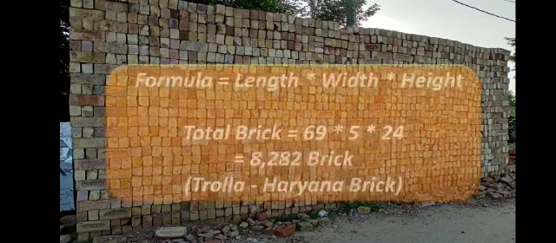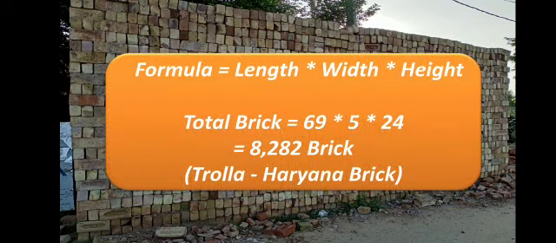Now, what to do after this? It's the simple formula of length multiplied by width and multiplied with height. So, what was the length we calculated? 69 nos. Then the width, which was 5 nos, and height, which was 24 nos.